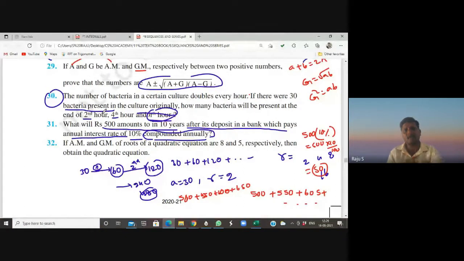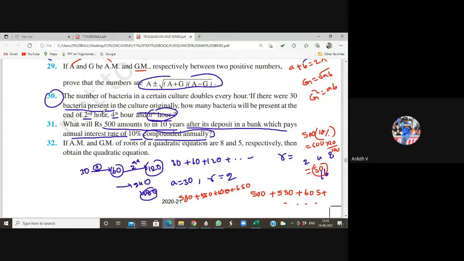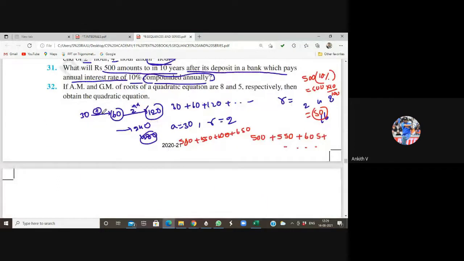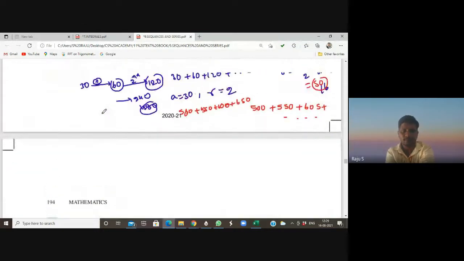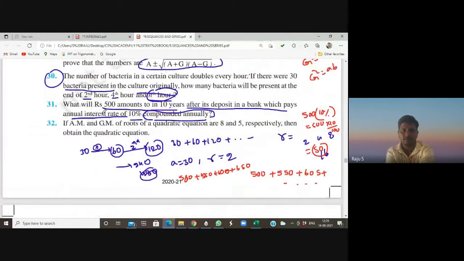if the AM and GM of the roots of a quadratic equation are 8 and 5 respectively, then obtain the quadratic equation. Let alpha and beta be the roots of the equation. This is the last question. Students, can you try this last question?